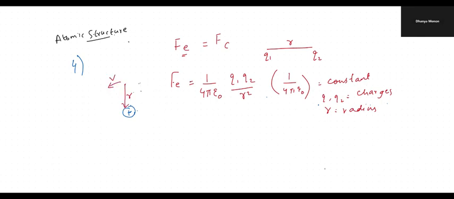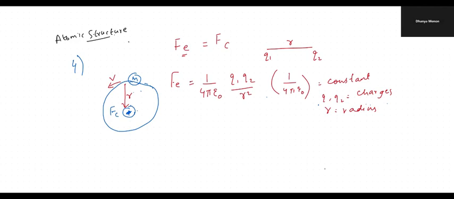Okay, suppose a particle of mass m is revolving with a velocity v in a circular path. Okay, so whenever there is a circular path, the force is the centripetal force. So let Fc be the centripetal force.